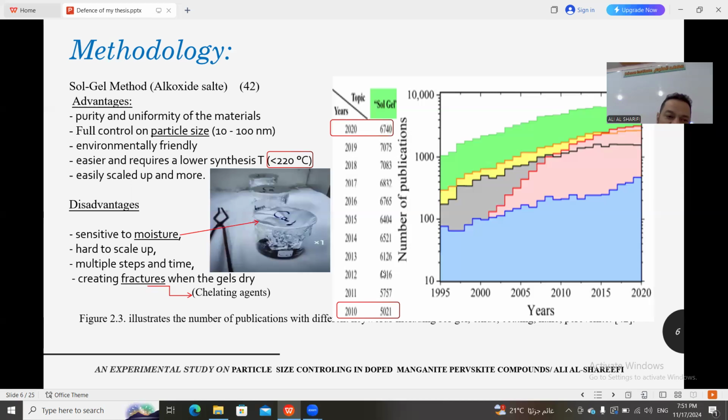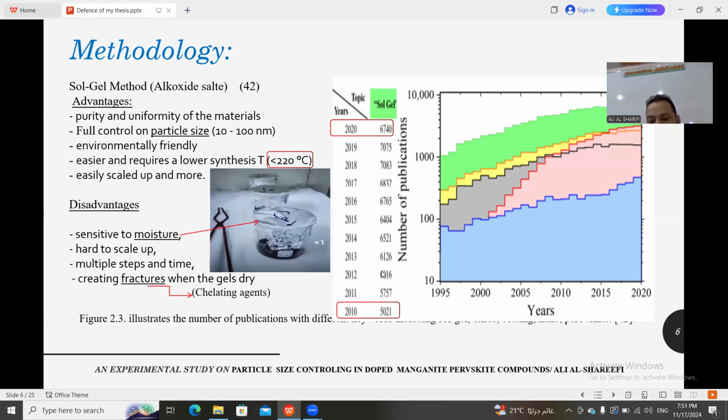It's easier, can be done at lower temperature, less than 220, and is easy to scale up.